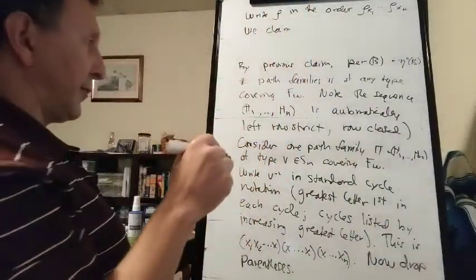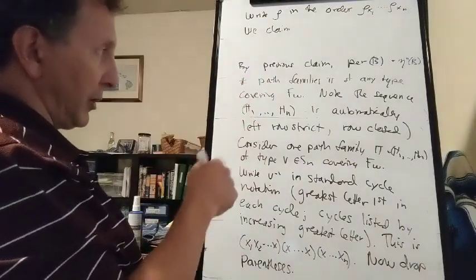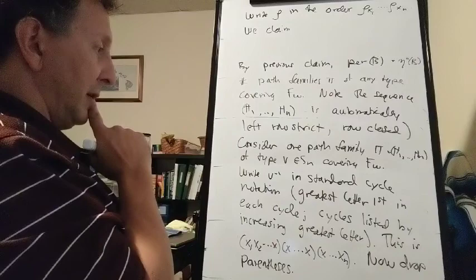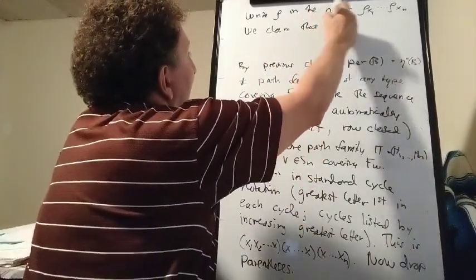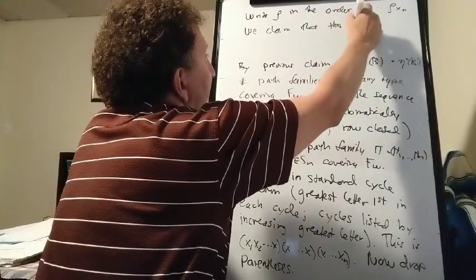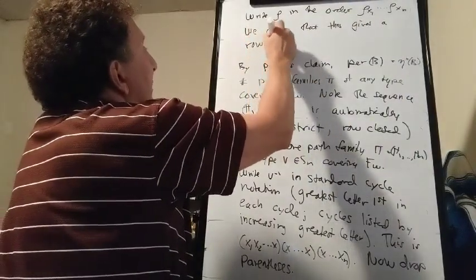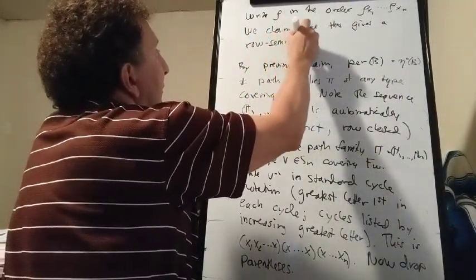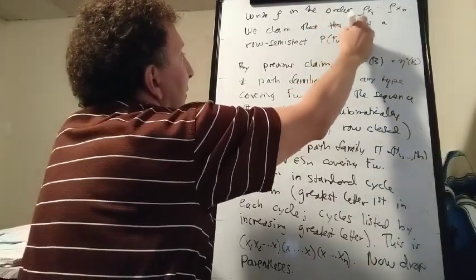All right, this came from a left row strict, row closed tableau, and we claim that this gives a row semi-strict PFW tableau.